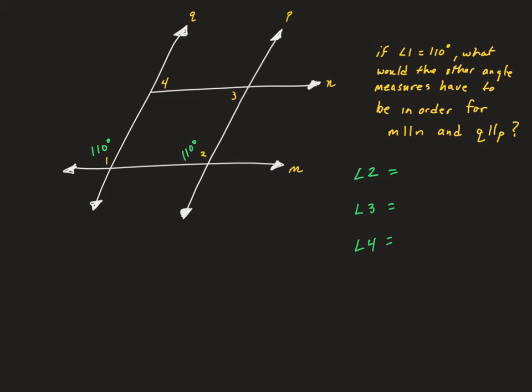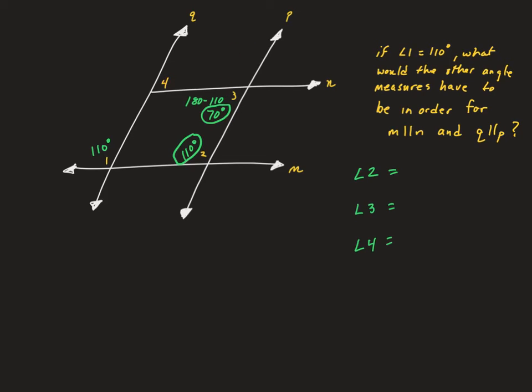So I know that angle 3 is going to be 180 minus 110, so therefore it is going to be 70 degrees. Angle 2 is going to be 110 degrees. Now, if we look at angle 3 and angle 4, if P and Q are parallel and they are cut by the transversal N, then 4 and 3 would be alternate interior angles because they're in between the two parallel lines.